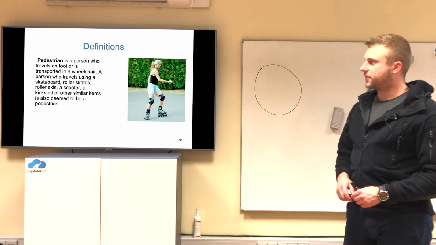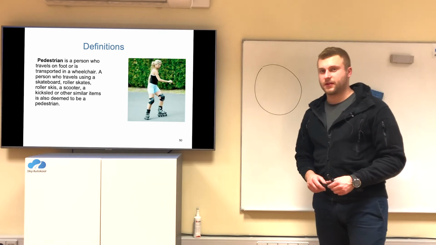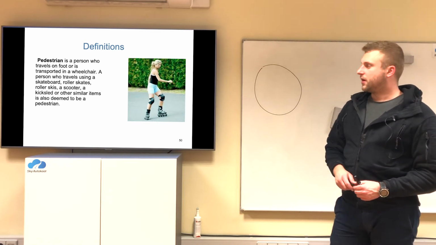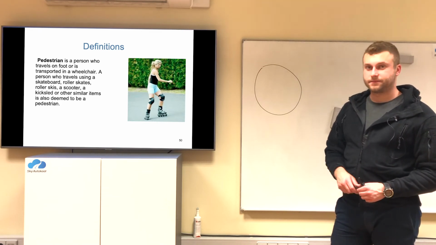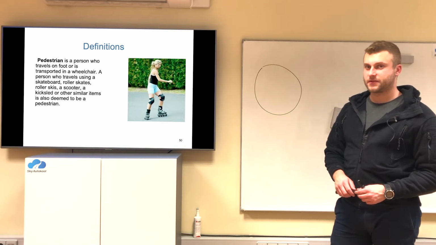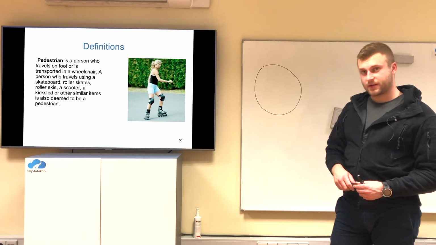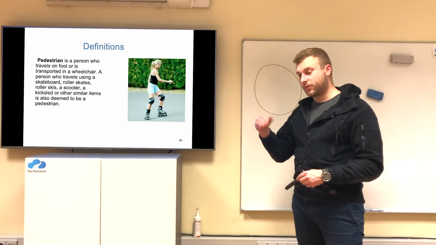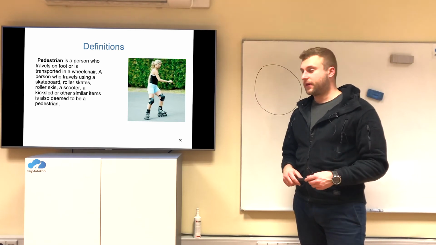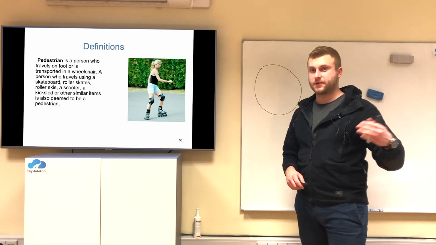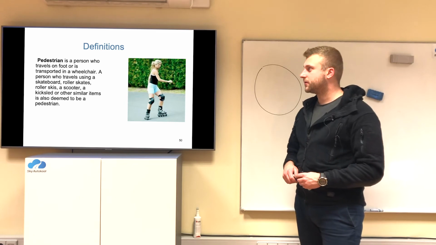But for example, if a pedestrian is on a bike, in this situation he's a driver already. He's not a pedestrian. That's why in some situations a pedestrian with a bike doesn't have priority. For example, on a pedestrian crosswalk, we will talk about it also later.